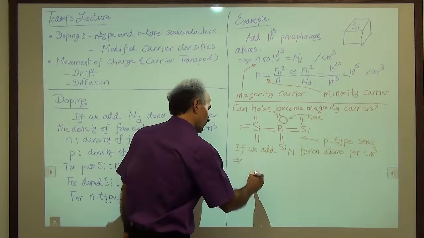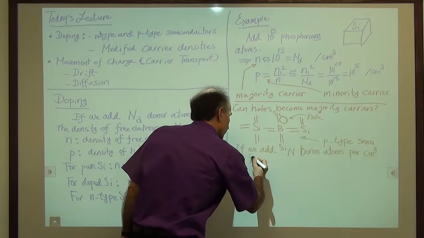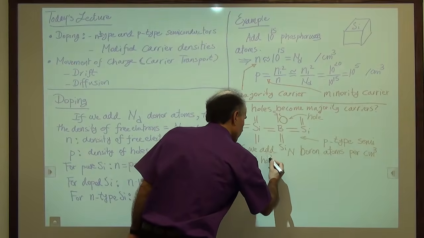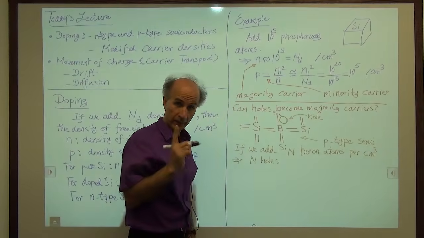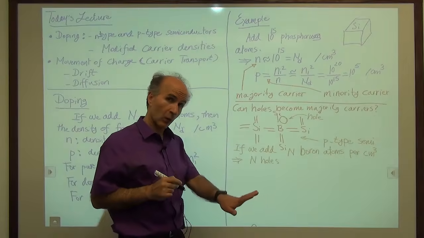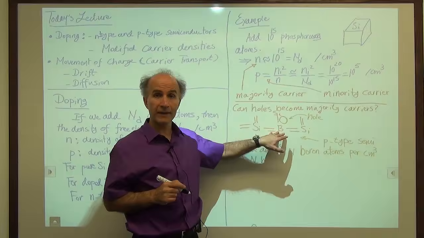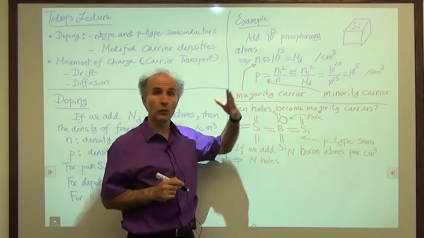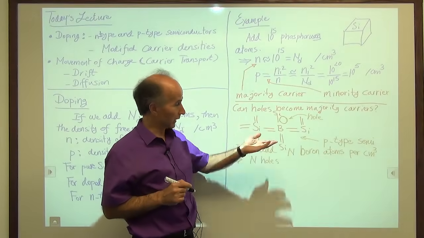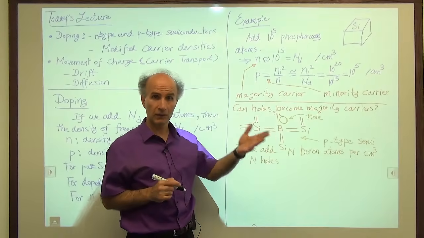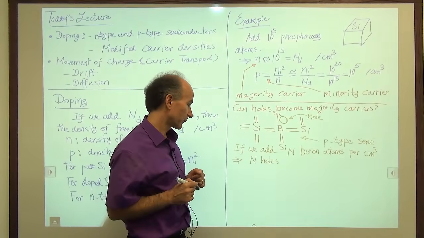Then we have n holes, approximately, because we still have the holes of pure silicon, but again we're assuming that the number of borons that are added is much more than 10 to the 10. So again, typically it might be 10 to the 15, 10 to the 16, 10 to the 17.